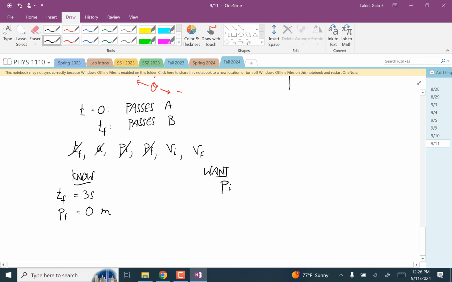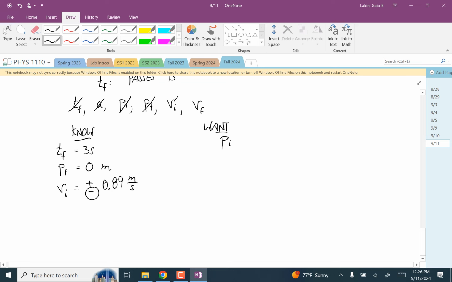V initial, okay, V initial is plus or minus 0.89 meters per second. You already told me that it's moving in the negative direction, and so this time that's the velocity. And then V final we're given, that's plus or minus 1.79.